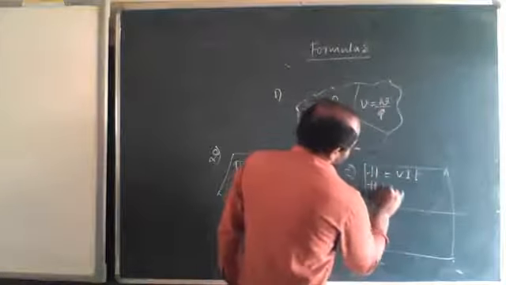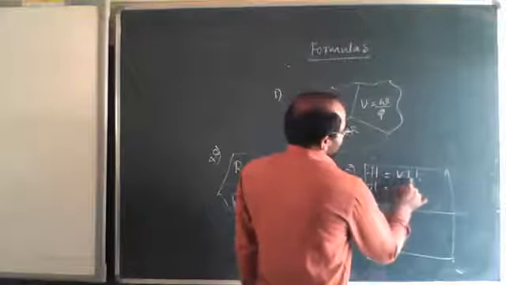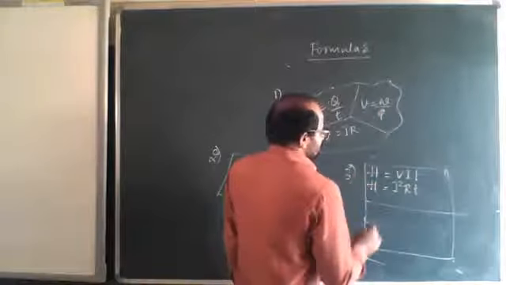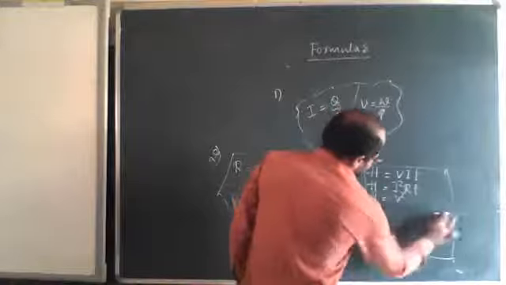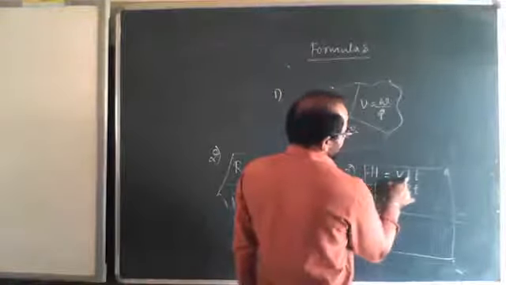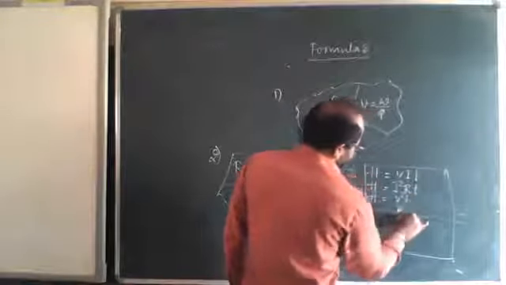H is equal to, in place of V, I put IR, so IR into I into T, that is I square RT. My H is equal to the third one, V square T by R, if I put V by R for I.